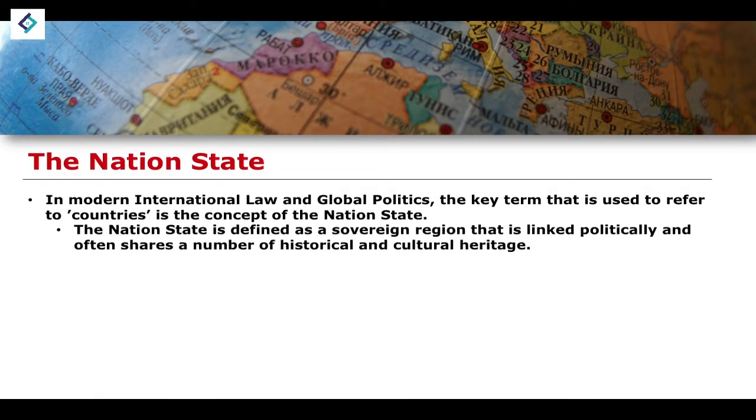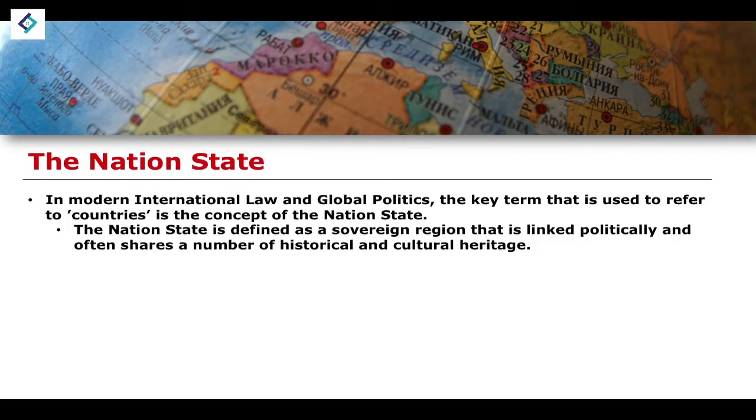Now, in terms of a definition, you could say that the nation state is defined as a sovereign region. We're going to be focusing on that word sovereignty in a minute. But it's a sovereign region that is linked politically and often shares a number of historical and cultural heritage. So, what I mean by linked politically is that we have a certain territorial region that exists as a single political entity.